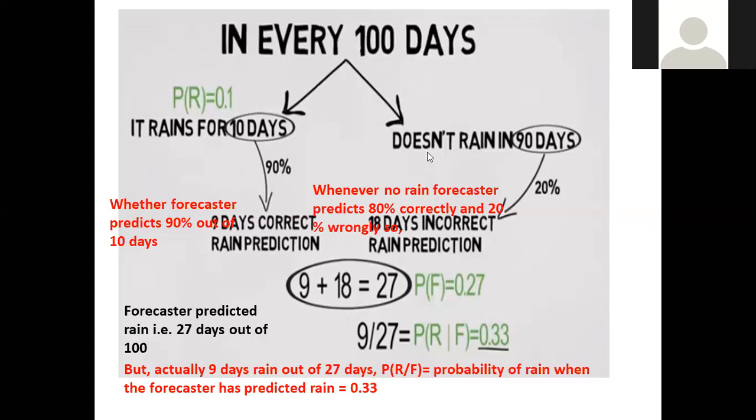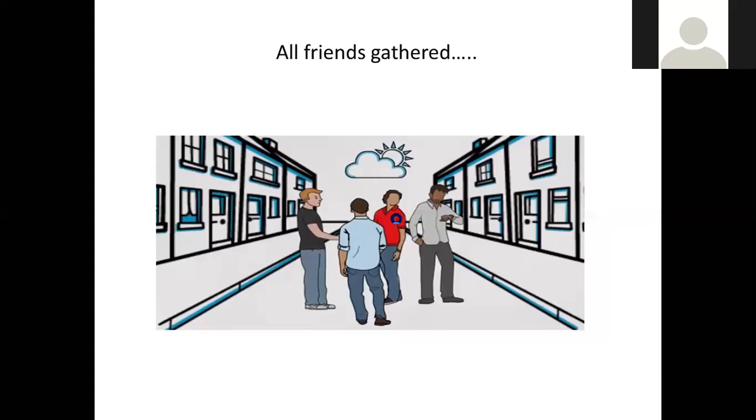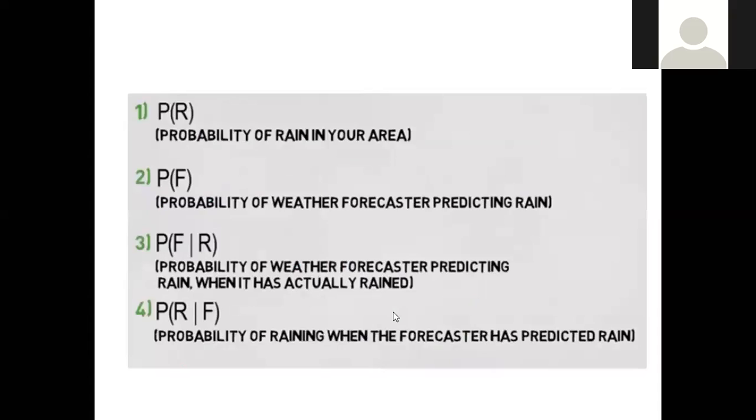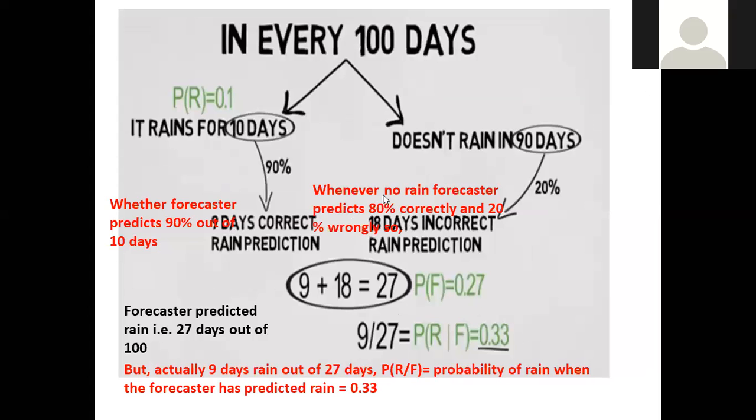Now, with respect to the right-hand side, it doesn't rain in 90 days. And whenever there is no rain, the forecaster predicts correctly 80% of the time, as you will see in the example: 90% for rainy weather and 80% for dry weather. Out of these 90 days, he predicts 80% correctly and 20% wrongly.